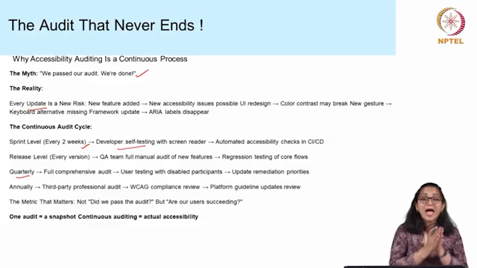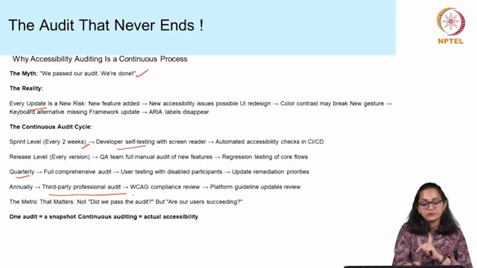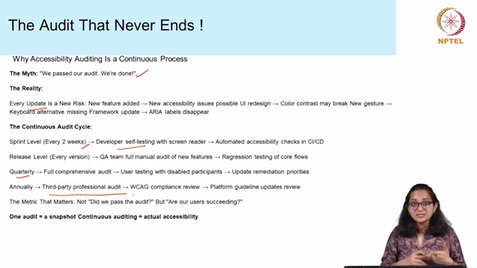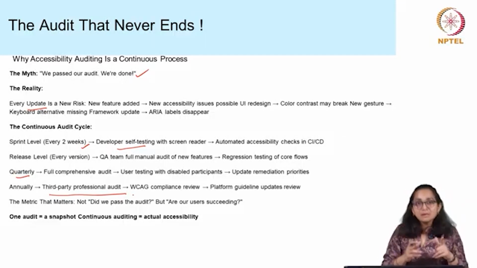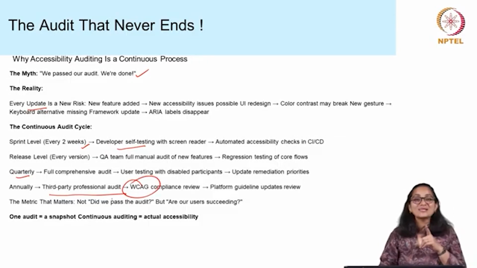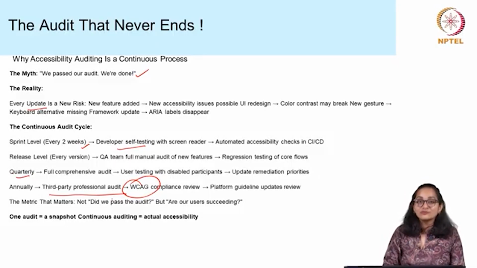And then there is an annual third-party professional audit and WCAG compliance review, because maybe you would think, okay, I have not added any updates this year, but maybe WCAG has updated their guidelines. So now the benchmark has changed, which means there has to be a review again.